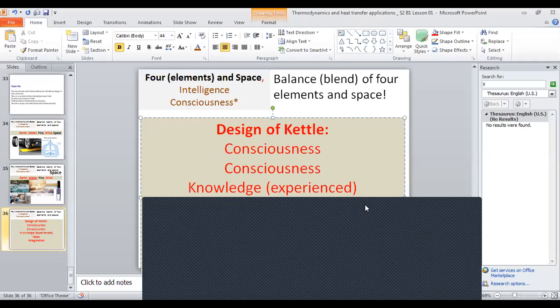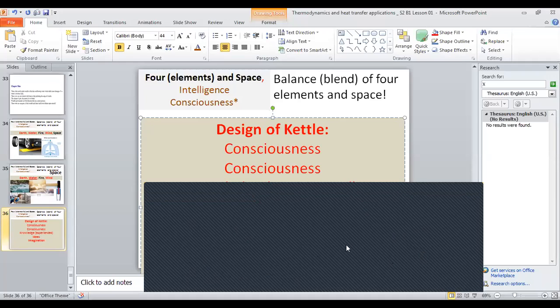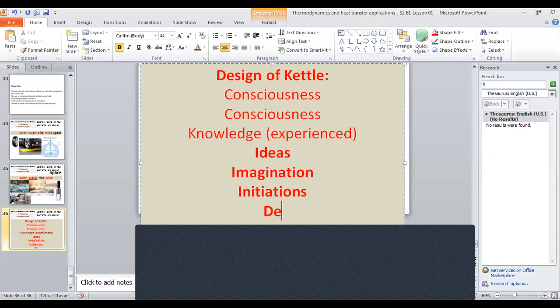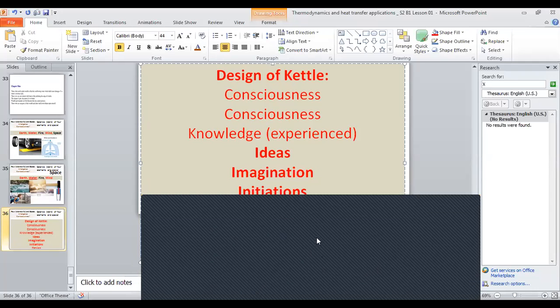After imaginations, you may have some initiatives, some practical initiations. Then your design will appear, and actually that is innovation.